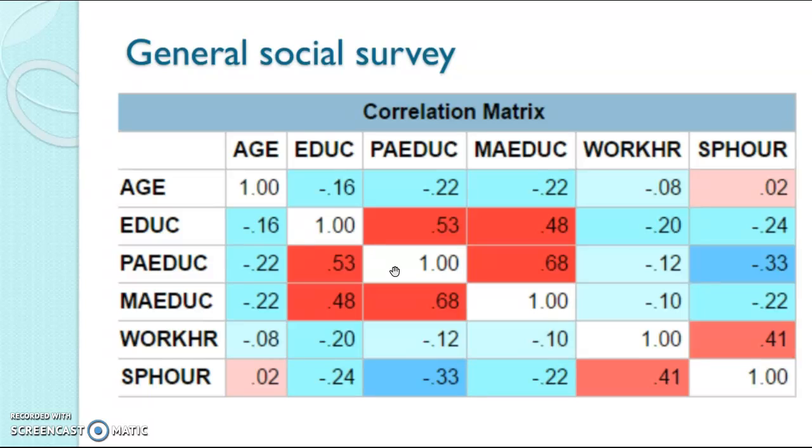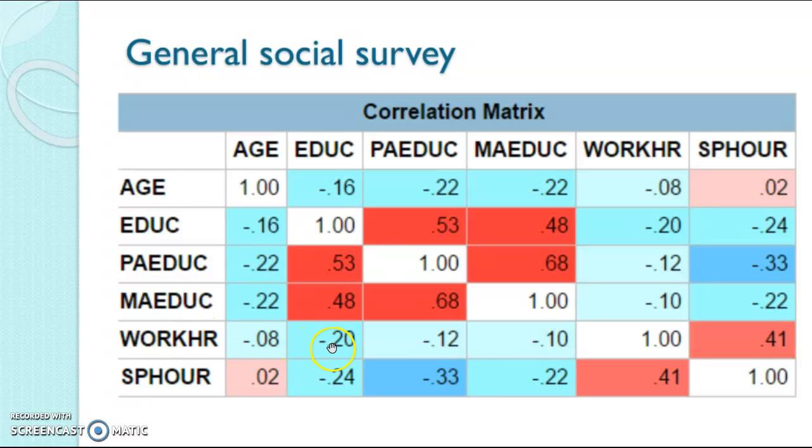Some of the variables in here are negative. So here's an interesting one, negative 0.2. That means there's a negative correlation. It's small, or moderate rather, or small.